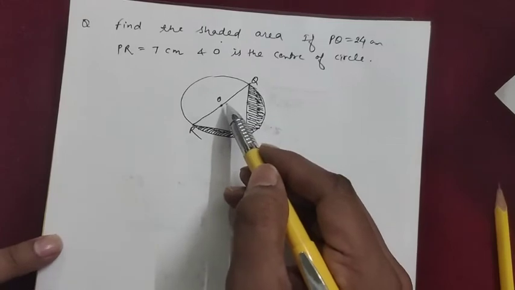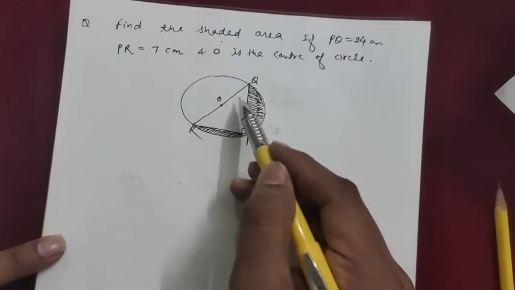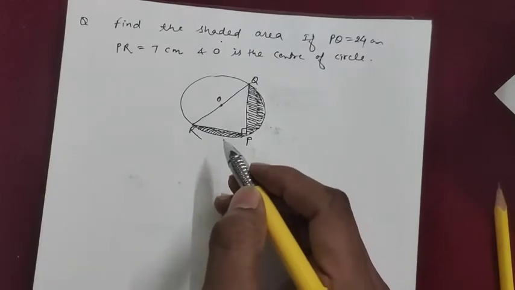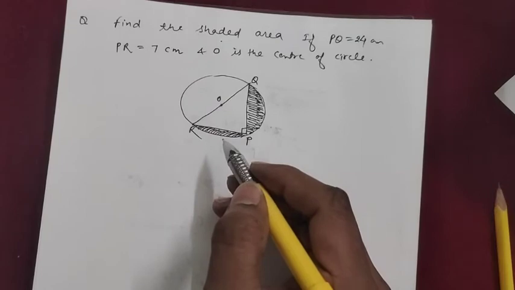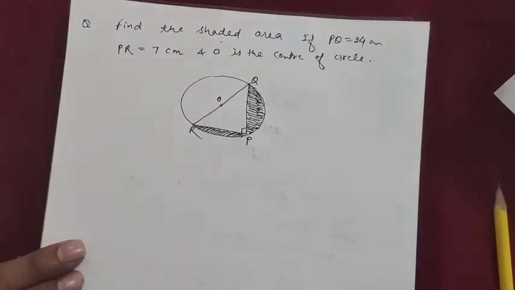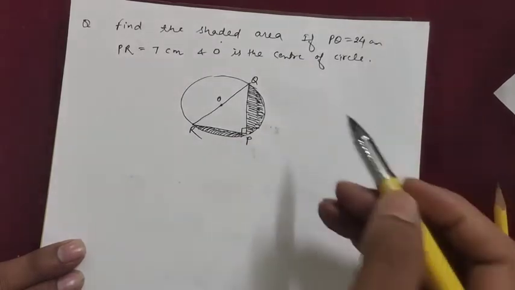So the diameter is not given in this question, and since we are going to solve a problem related to the circle, definitely we need the radius. So for this we need to apply some method over here.